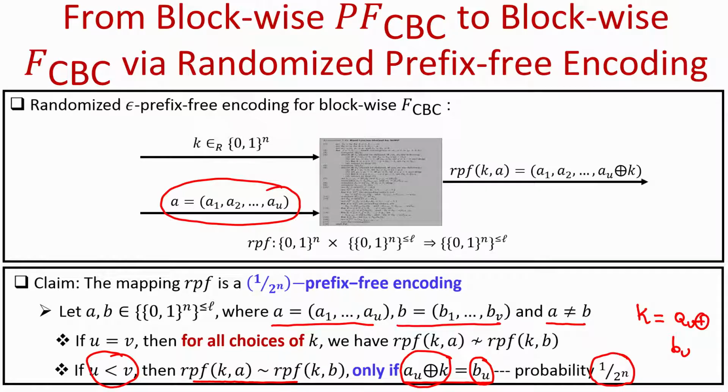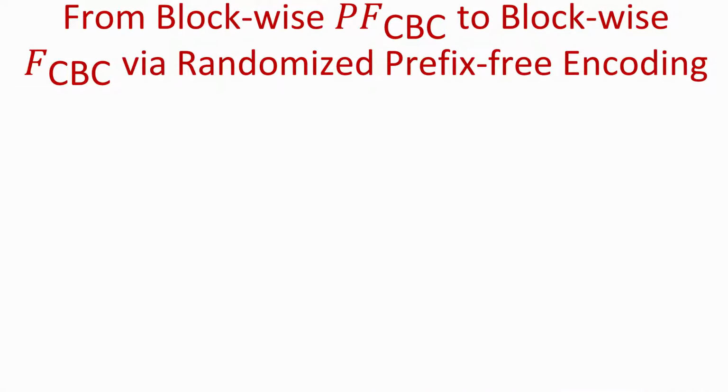That means this encoding is a very simple encoding, but it has a very powerful property: it gives you a 1 over 2 to the power n prefix free encoding, namely a computationally bounded adversary who does not know the value of the random key k cannot come up with a bad pair of inputs A and B such that either the encoded A is a prefix of encoded B or vice versa.